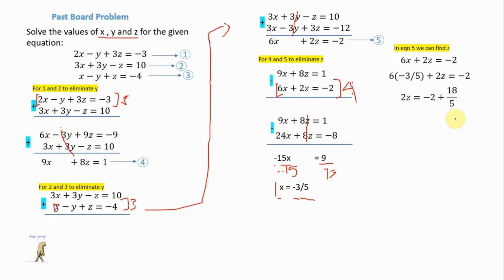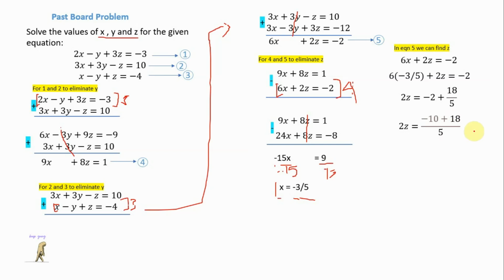And then simplify more, we have a common denominator of 5. 5 divided by 1, we know we have 1 here, and then multiply by negative 2, it becomes negative 10. 5 divided by 5 becomes 1, then multiply by our 18, it becomes 18.